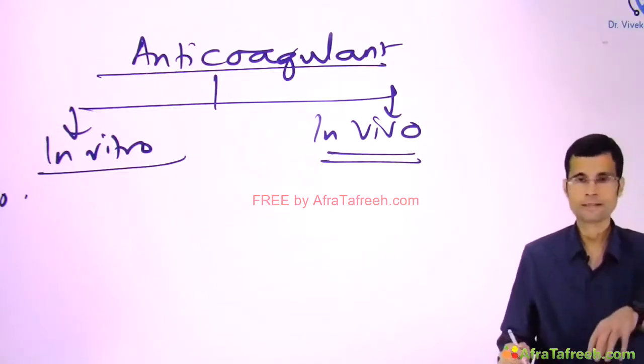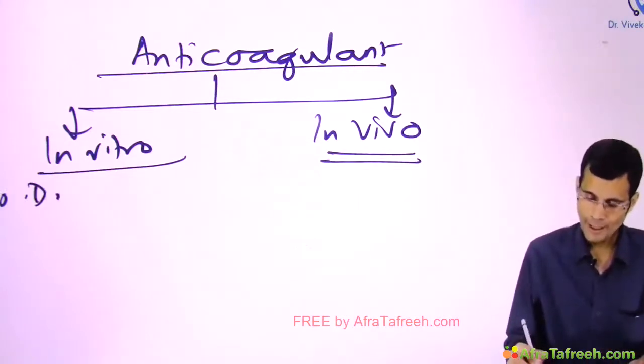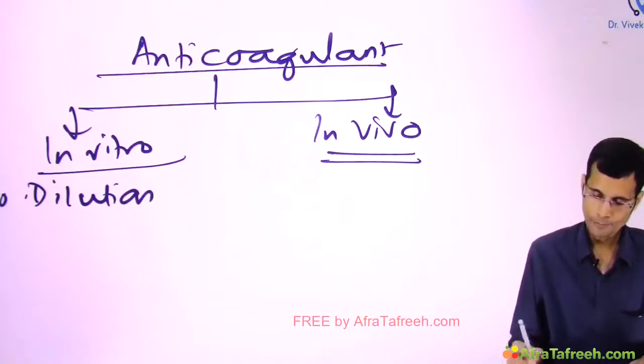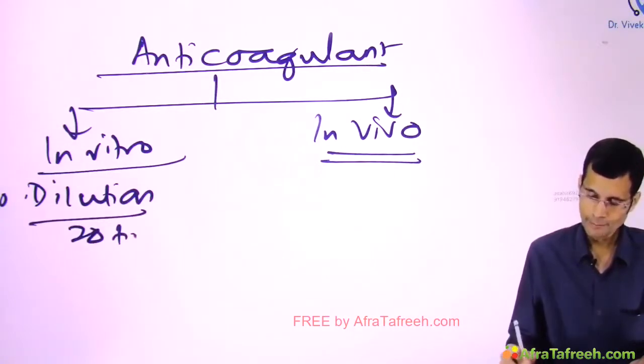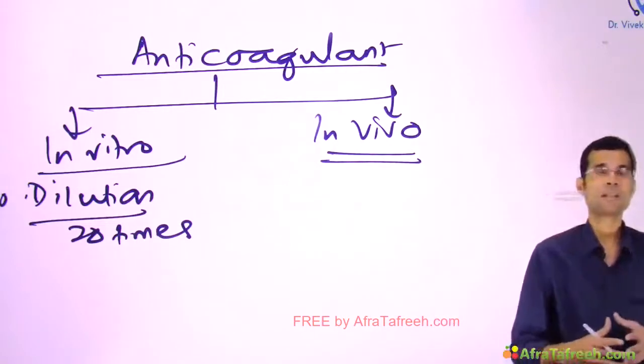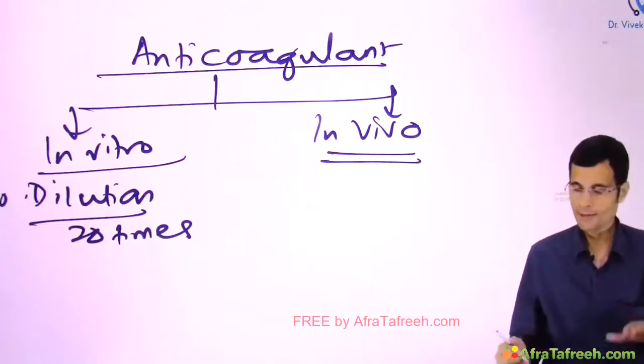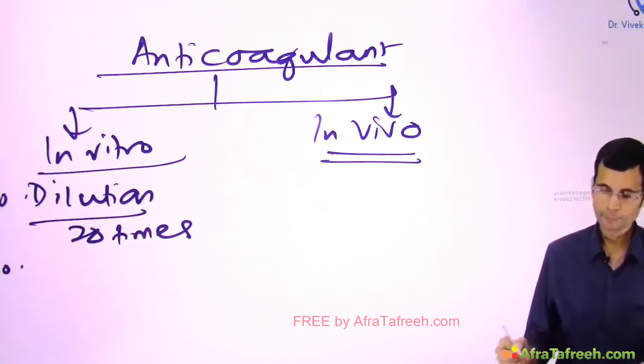What are the factors that would prevent the clotting? For example, dilution of blood by more than 20 times will retard the clotting process, because then the clotting factors will not be able to come together to form the clot, and the clotting will be prevented.